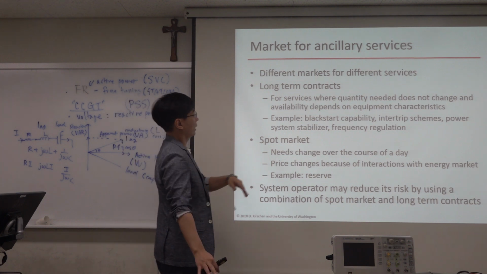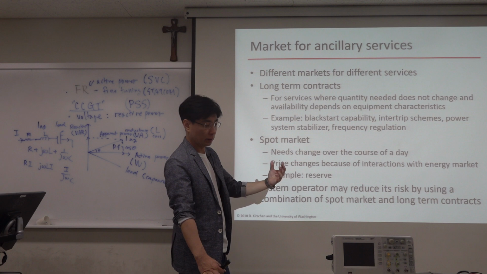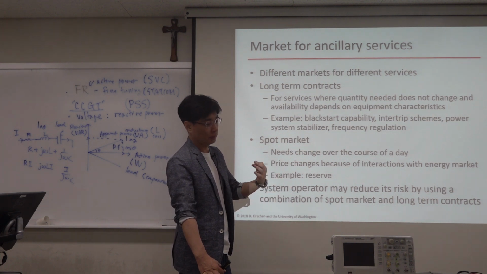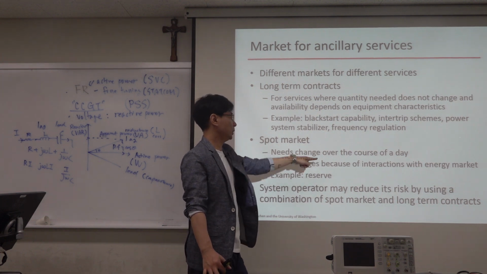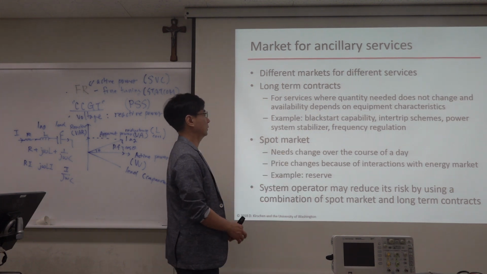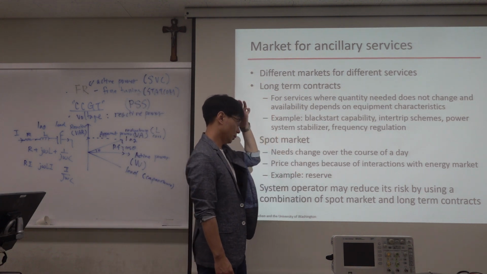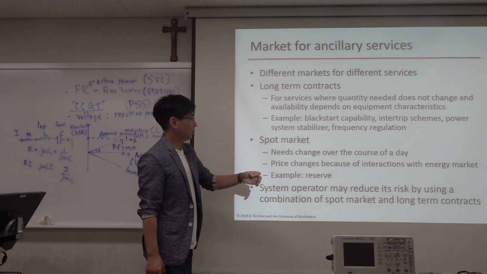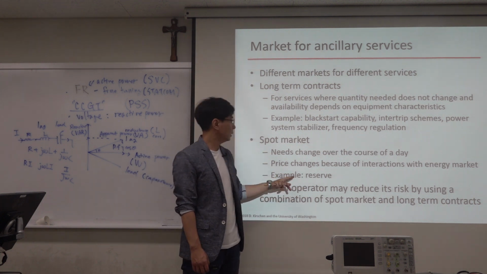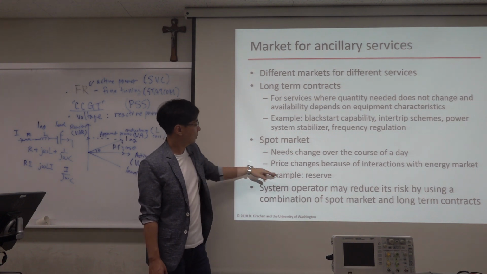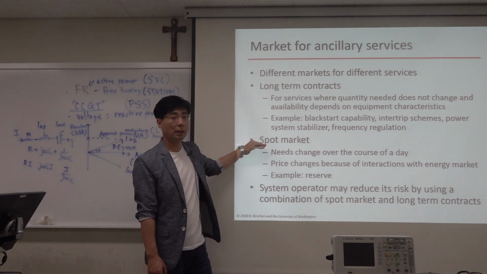But the opposite case is when we need to buy the ancillary service from a spot market, when needs change over the course of a day, and when price changes because of interactions with the energy market. So buying the contingency reserve is a good example of obtaining ancillary service in a spot market.